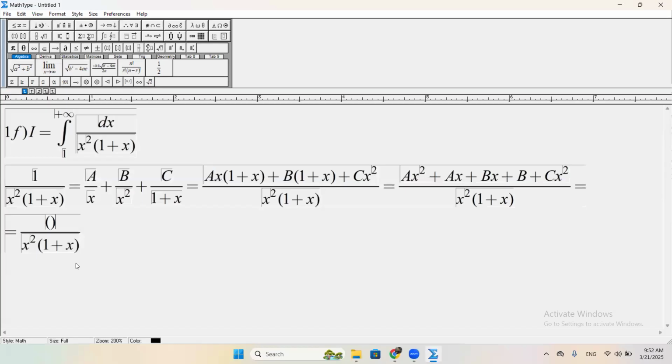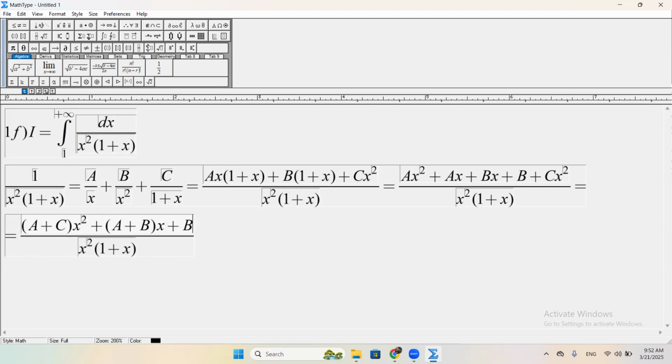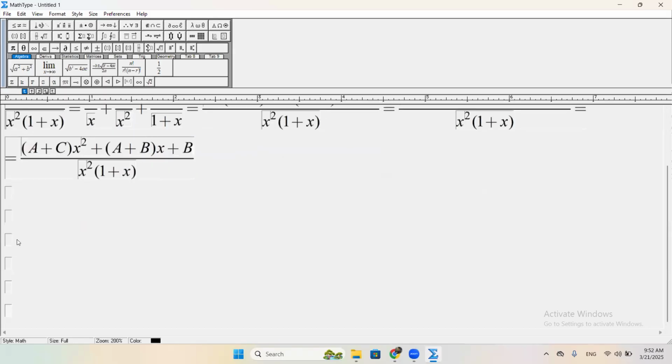Now also regrouping them. So (a plus c) by x squared plus (a plus b) by x and plus b. So nothing was lost. So now we have the following system of linear algebraic equations.